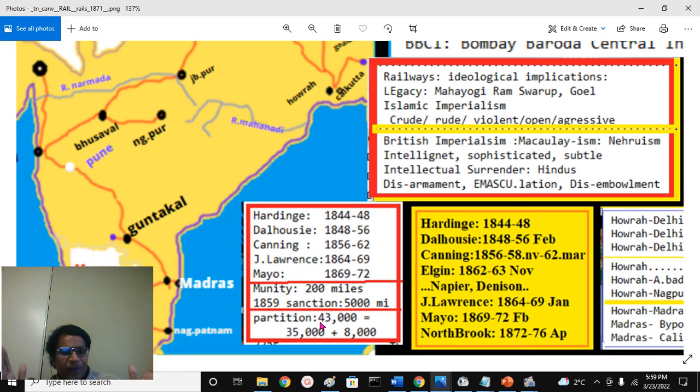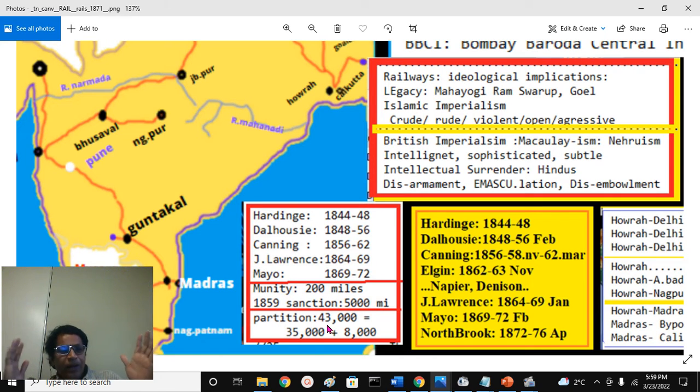47 partition, remember, roughly 43,000 miles. At the time Pakistan got 8,000, India got 35,000, together roundabout 43,000 miles, not kilometers.